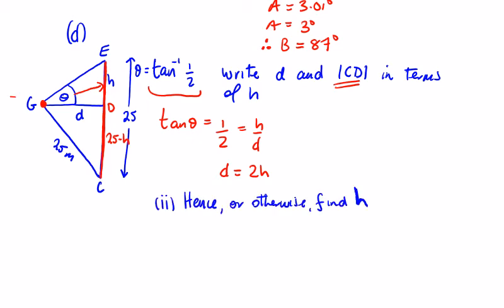Last part to this question, hence or otherwise find h. So let's have a look at this bottom triangle. There are multiple ways to do this, but in this bottom triangle we have a right angle. We have 25 minus h, we have d up the top here, which we worked out to be 2h, and we have this 25.